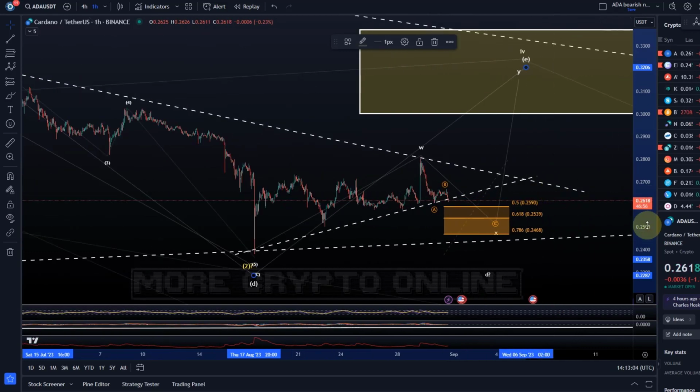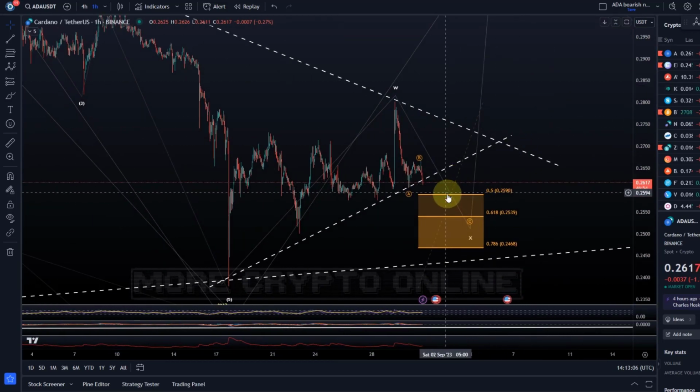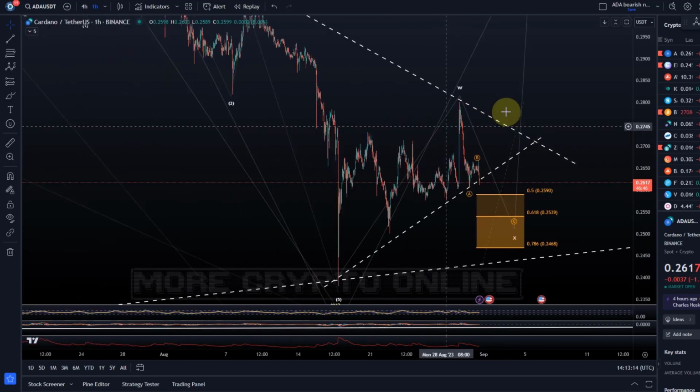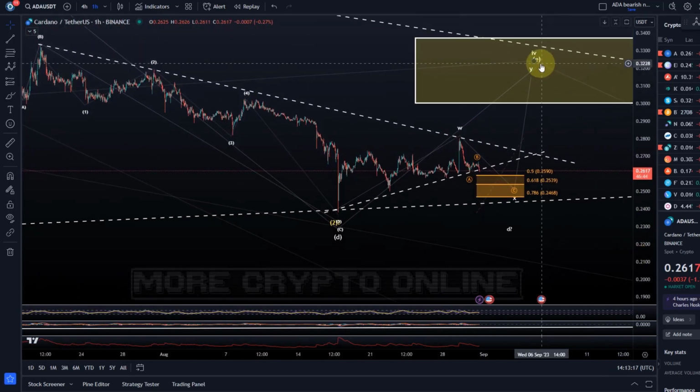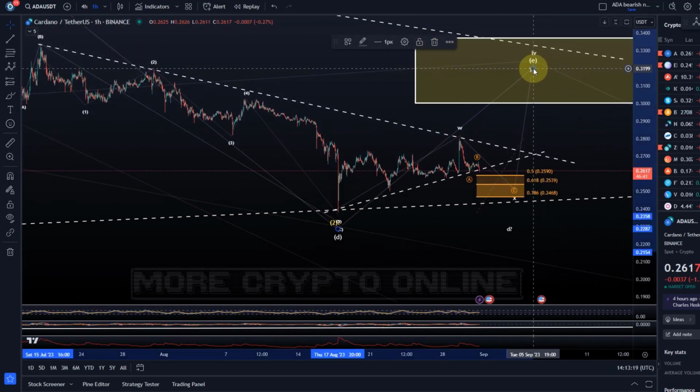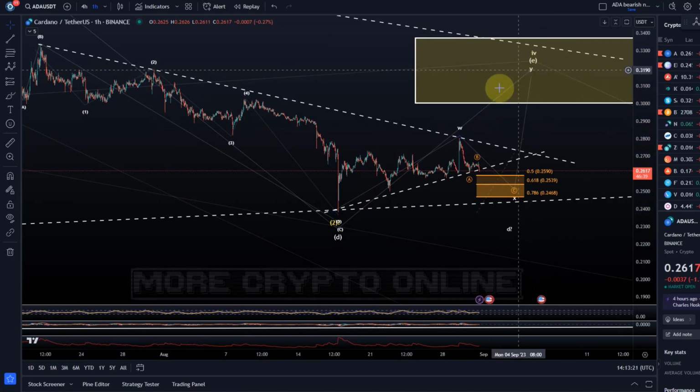I think the next support area that we're now dealing with is here between 25.9 cents and 24.7. But I would say it rather goes into the lower range of this, just because if we are now really dealing with the E wave of the triangle, which is the last wave, and within the E wave, the WXY structure, then the X wave should be an ABC.